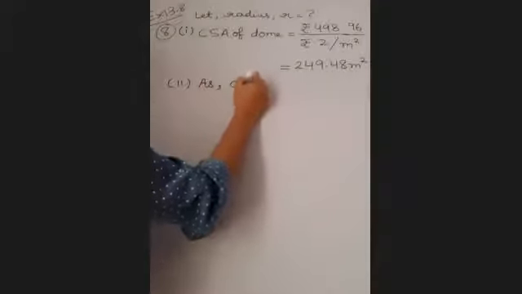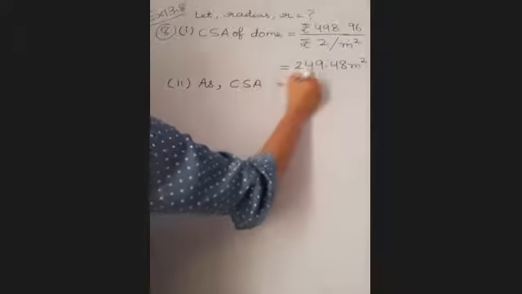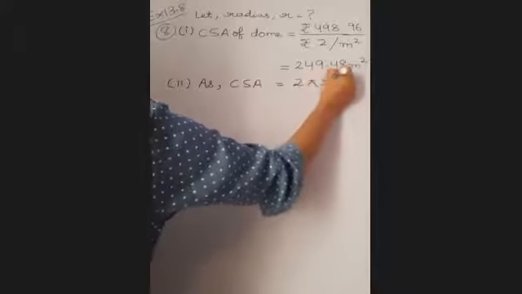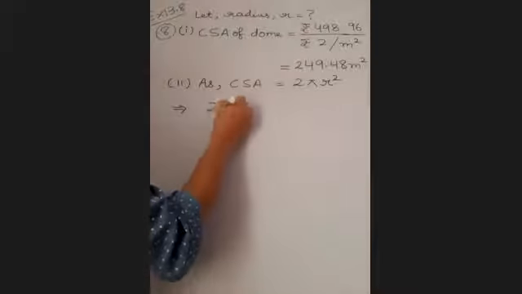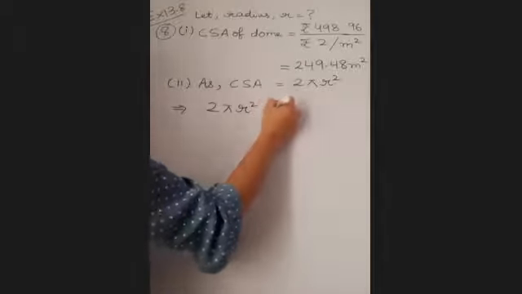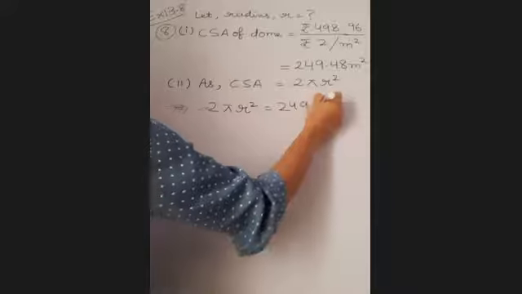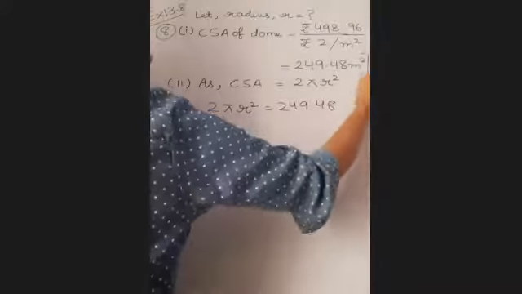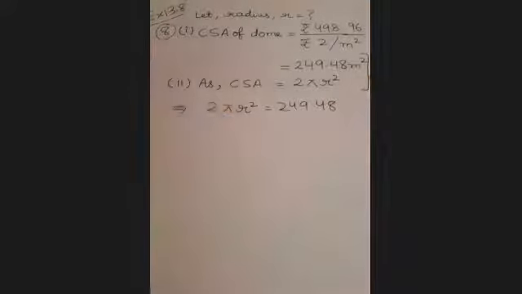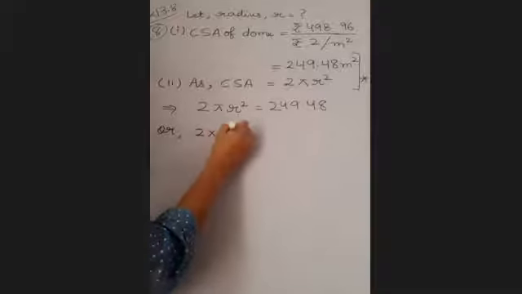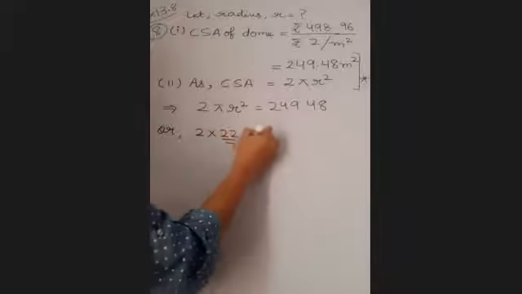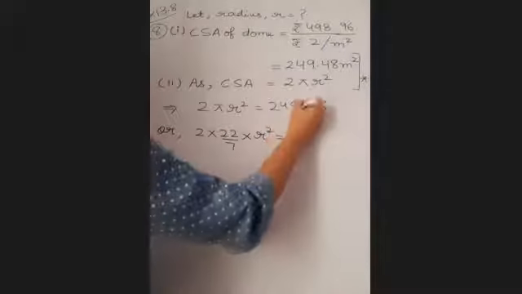CSA of hemisphere is 2 pi r square. So this gives me that 2 pi r square is 249.48. I am equating these two. Now let us put the value. 2 into 22 by 7 into r square.